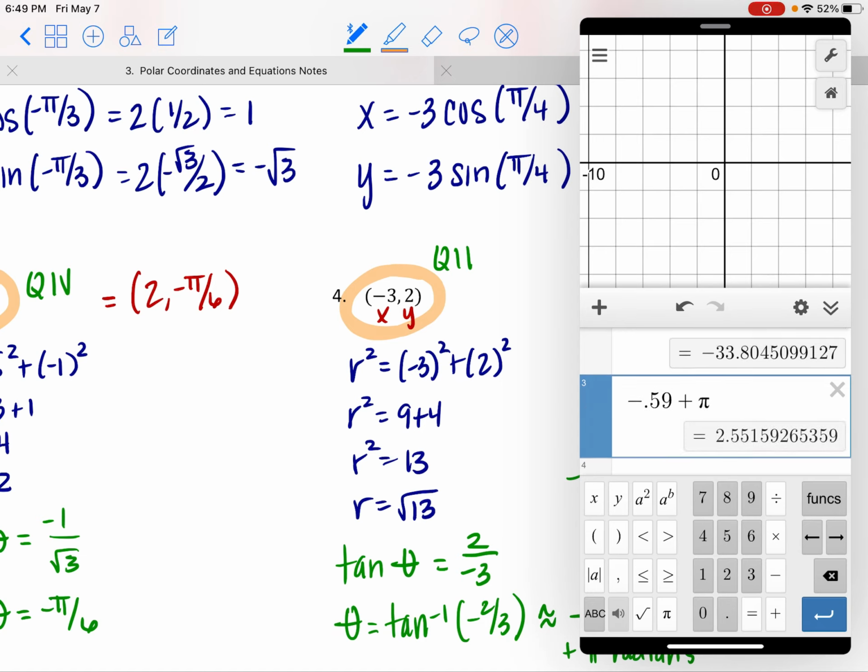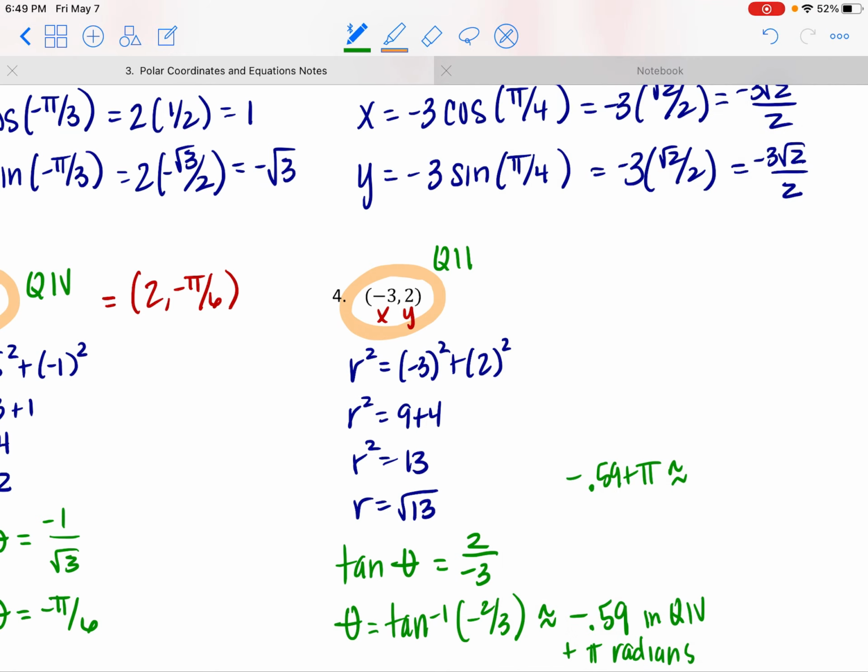Plus pi radians is about 2.55. So 2.55 radians. So our angle, which I know I tried to tell you this was a bad one, our radius was radical 13, and our angle is about 2.55 radians.